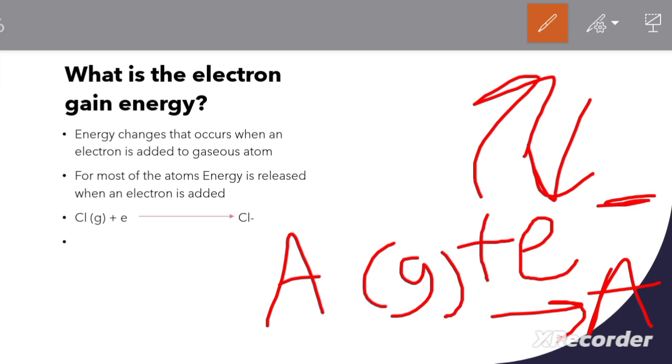Most of the times energy is released when an electron is added, but there are some situations where energy is absorbed when an electron is taken. Here a gaseous chlorine atom accepts an electron and becomes the chloride anion.